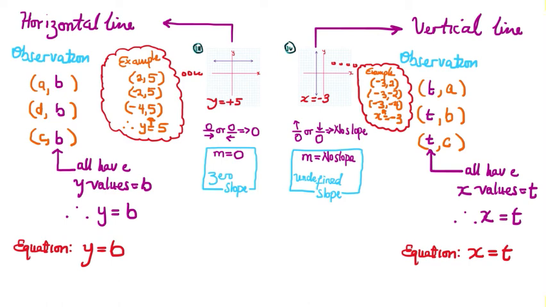And if I don't have an m where y is equal to b, that tells me that I have a horizontal line, which is horizontal slope, or a zero slope. And if I don't have any y or m, it means here that I have an undefined slope, which means that I'm going to have a vertical line. And that is actually what you need to take away from.